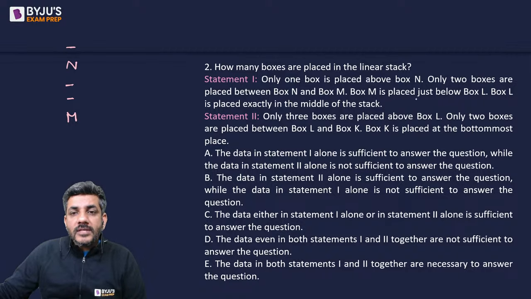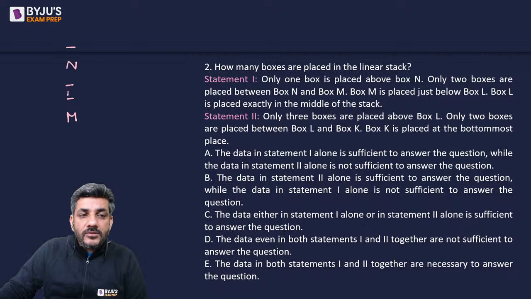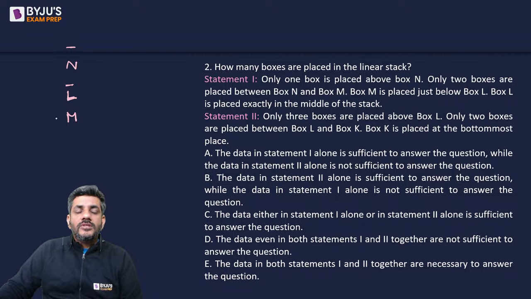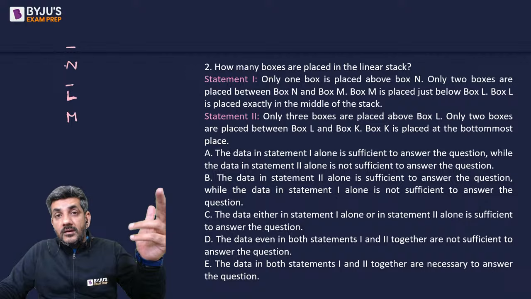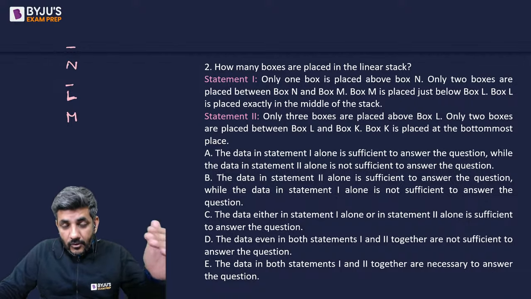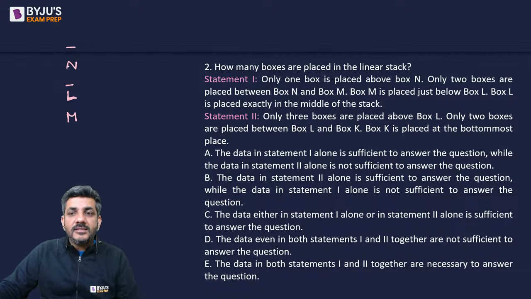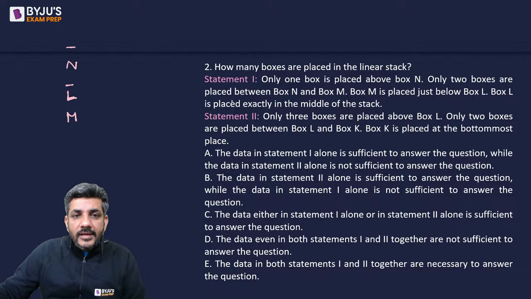Box M is placed just below box L. M is just below L. So this box must be L. So till now I know there is one box above N, there is one box below N, the box below that is L, the box below that is M, and box L is placed exactly in the middle of the stack.